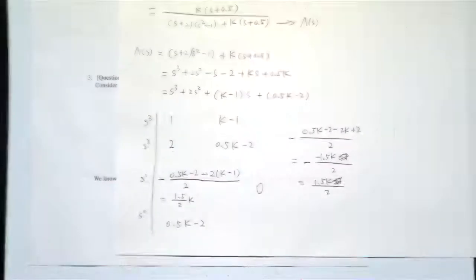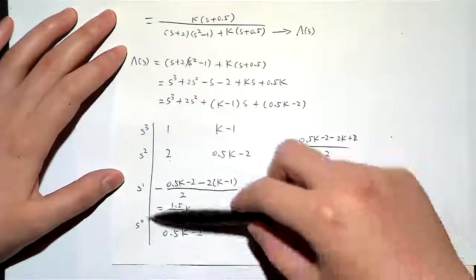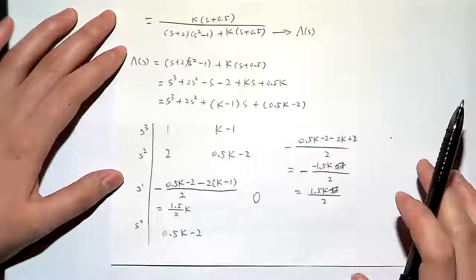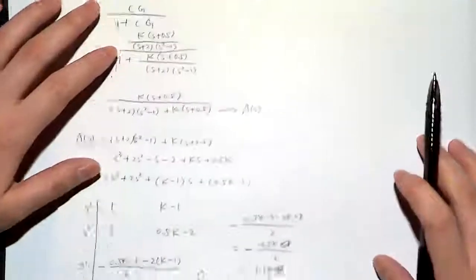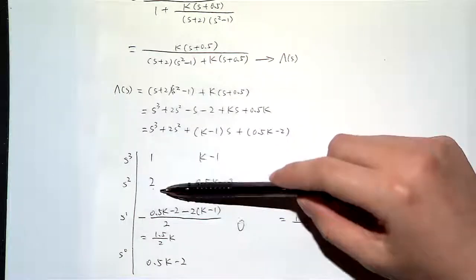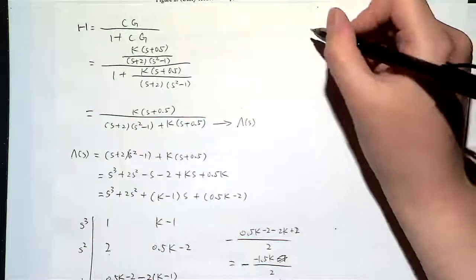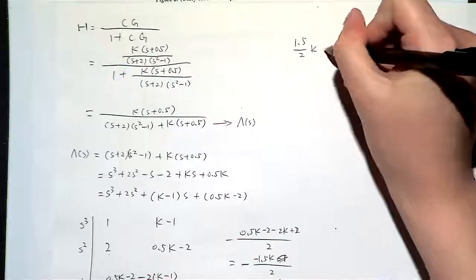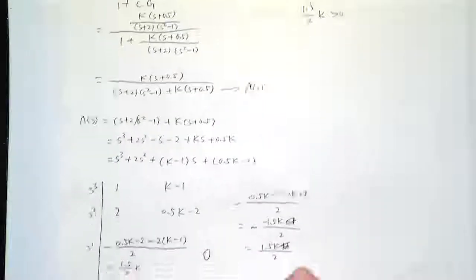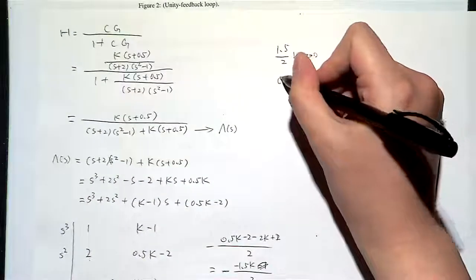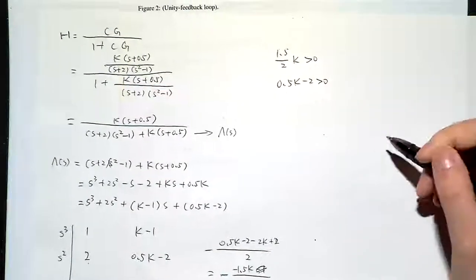So, to make sure that your system is stable, you will need the sign of the first column doesn't change, right? So to make it stable, you know your 1 and 2 are both positive, right? From here, you have, right, and from this one, you have, right.